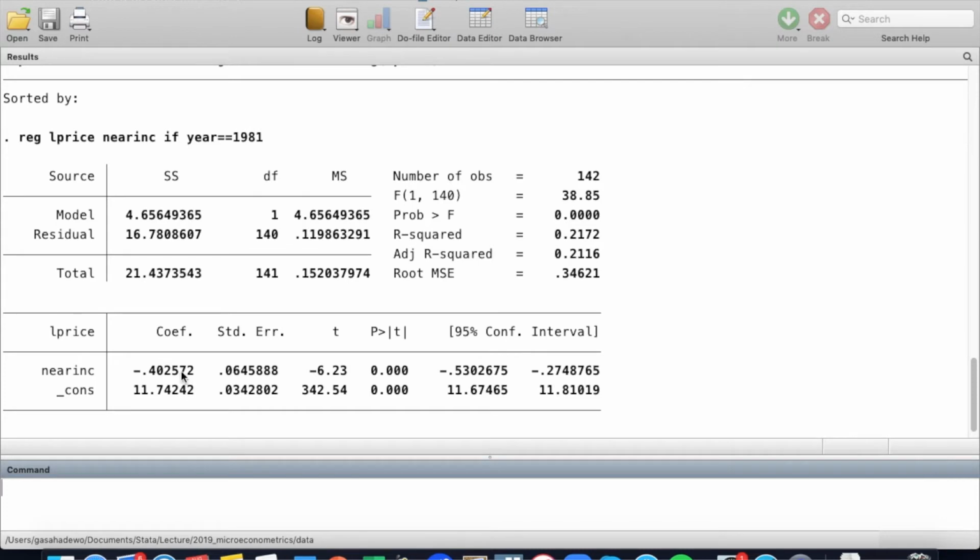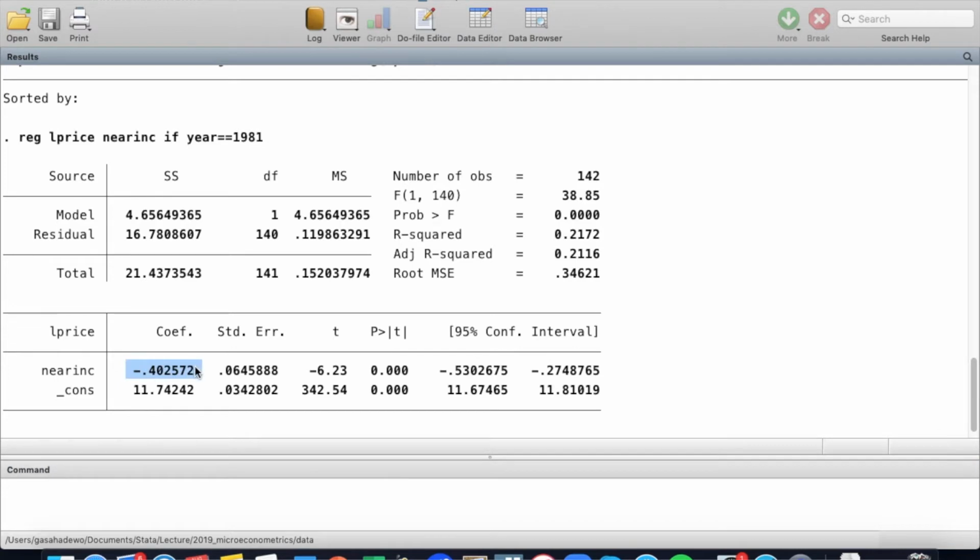The result of the linear regression suggests that on average the price of houses near the incinerator is 40% lower than prices of houses far away from the incinerator, which is quite large, that 40% difference.